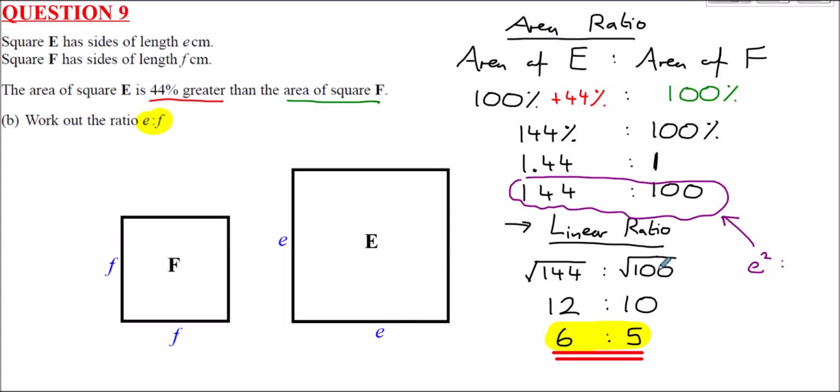And the area of square F, because it's a square, is base times height, which is F times F. So that links nicer. So we can think about, because both these are square numbers, what E must be. If E squared gives 144, E must be 12, because 12 squared would give 144, and similarly, F must be 10, because 10 squared gives us this 100, which we need it to be.